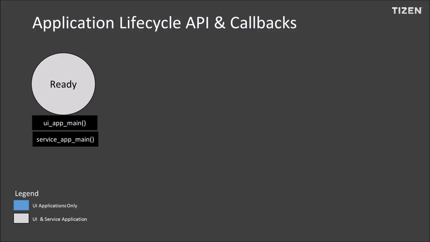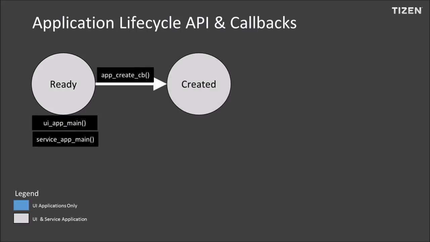From the ready state, the application framework moves the application to the created state. Before the application moves to the created state, the app create callback provided by the application is invoked. This callback is used to initialize the application before the main loop starts. Typical operations in this callback would involve initialization of UI elements and setting up database connections.